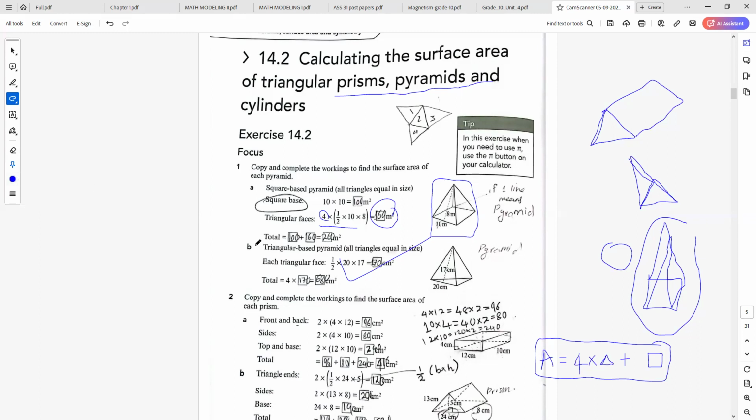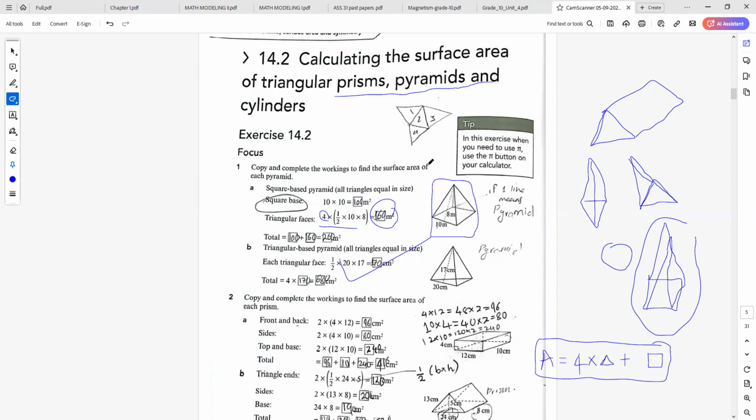Now B part, triangular-based pyramid, all triangles equal in size. Like this is a square-based pyramid, and now this is a triangular-based pyramid. All triangles are identical in size.